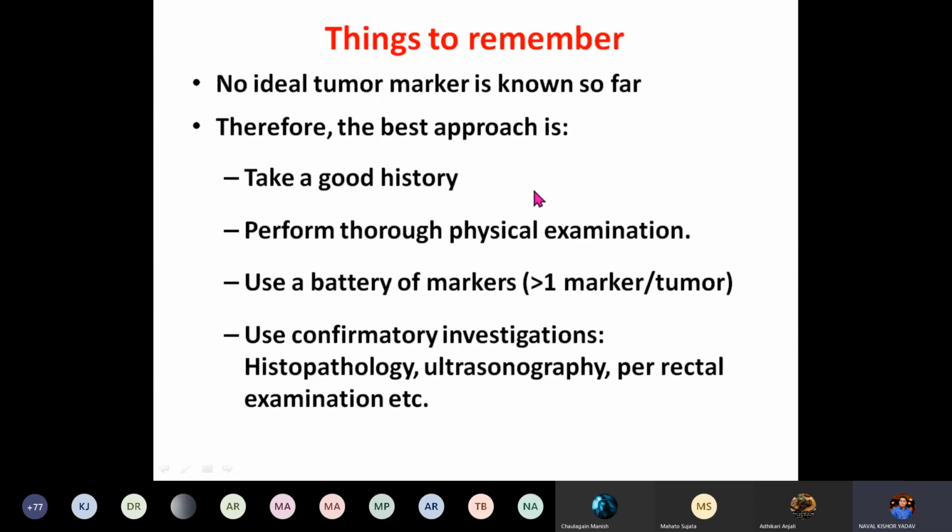You can ask the patient, what happened to you? Ask all the things. Ask the family history. Not only the history of that patient, but family history. Then physical examinations. What do they do nowadays? Within 2 minutes, they will send the patient.